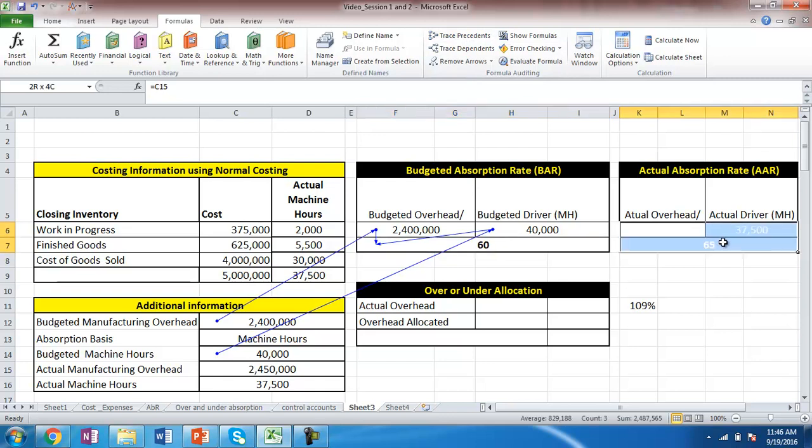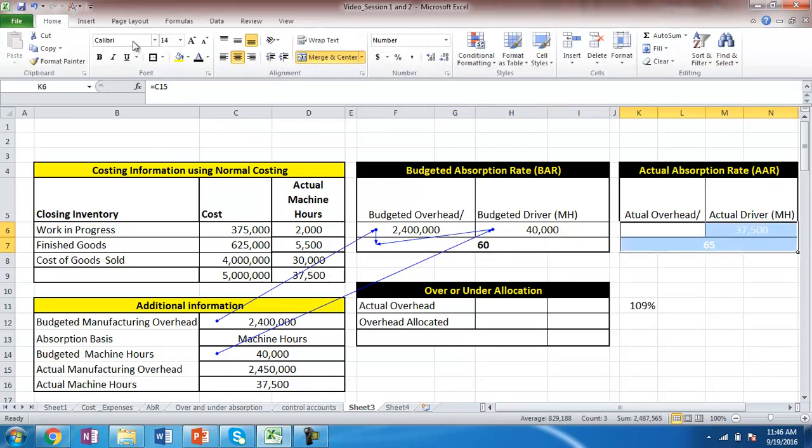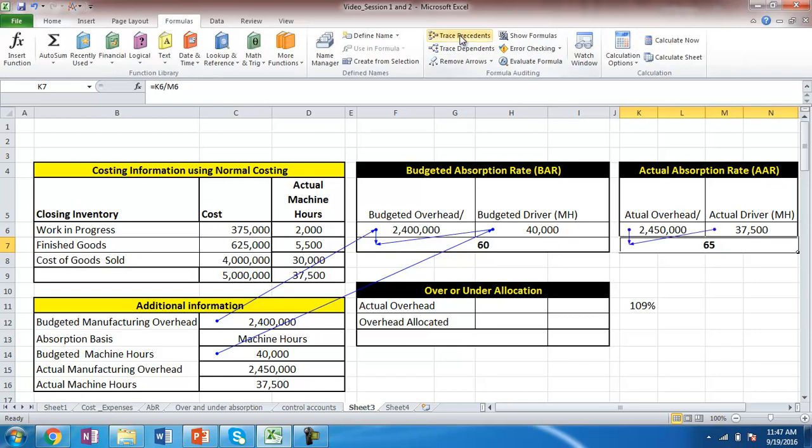In the same way, the actual absorption rate is calculated by using the actual overheads and the actual driver, which is 65, and the budgeted absorption rate is 60.